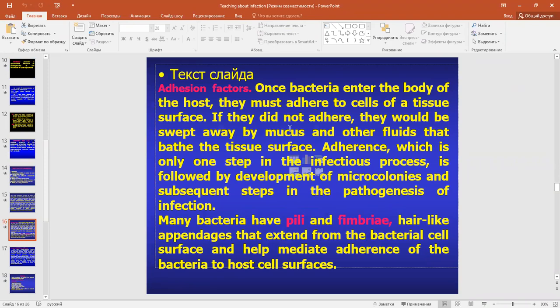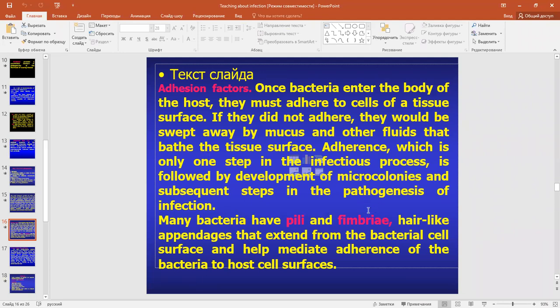Adhesion factors. Number one, they should attach to the surface: adhesion. Once bacteria enter the body of the host, they must adhere to the cells of a tissue surface. If they did not adhere, they would be swept away by mucus and other fluids that bathe the tissue surface.